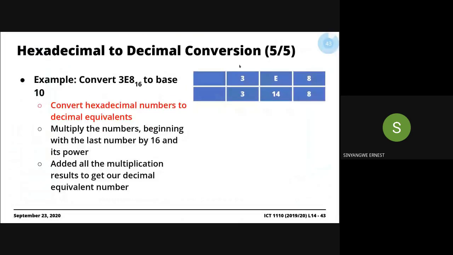Yes, sir. Is there a way you can move from hexadecimal to binary without having to go through base 10? Yes, and we discussed that. We're jumping the gun, but there is a way.